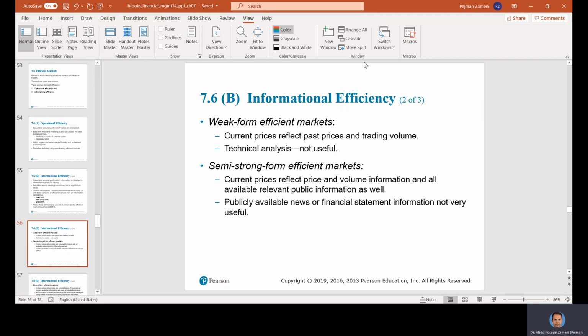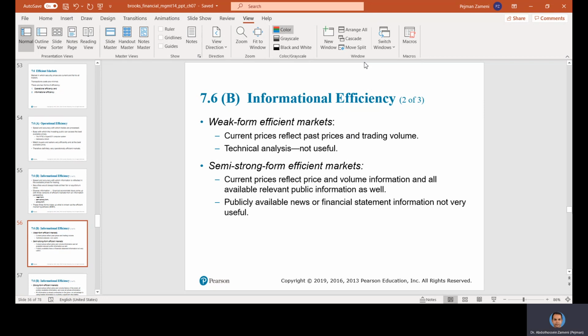If we can find some pattern in the past prices, it shows that all the past information has not been reflected in the share price. Then it says that market is weak form inefficient.